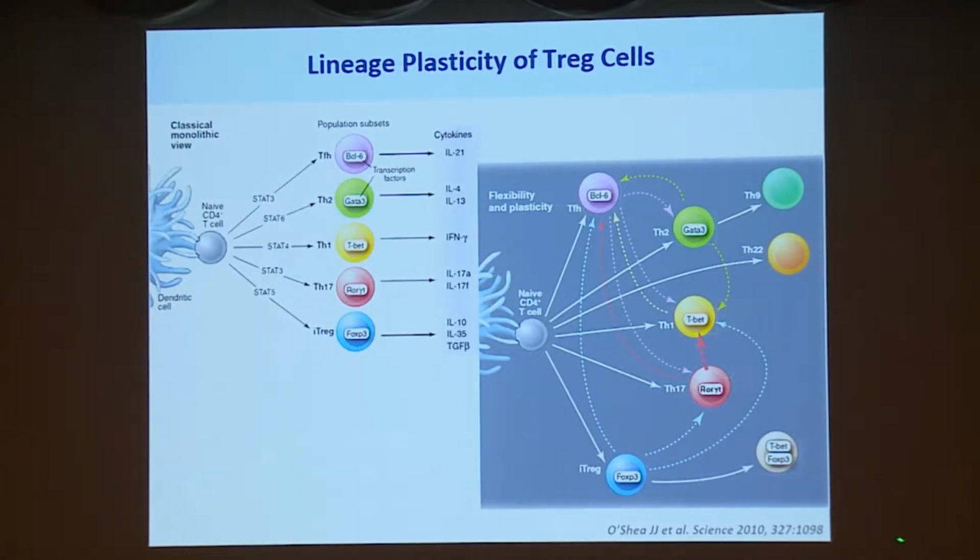In the case of Treg cell, after differentiating, depending on the cytokine microenvironment, they can acquire T-bet, the hallmark of Th1, and at the same time they can exert helper-like function. So now, in the CD4 T cell differentiation field, we believe that this lineage plasticity or flexibility exists, depending on the cytokine microenvironment.